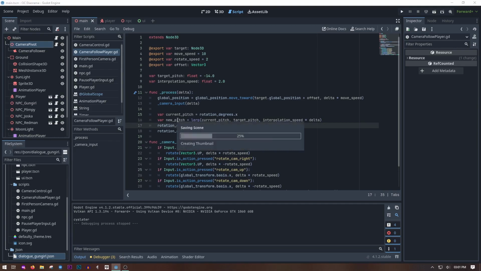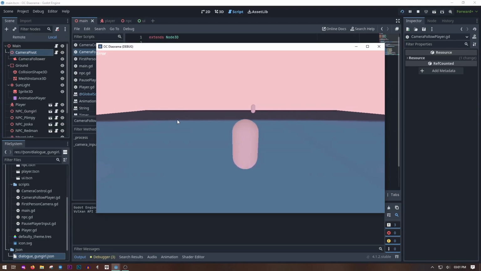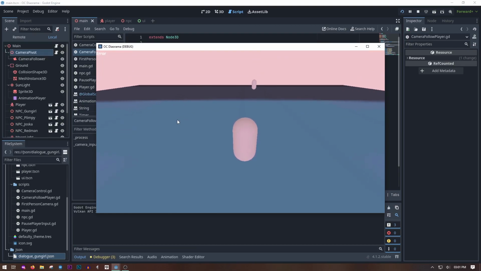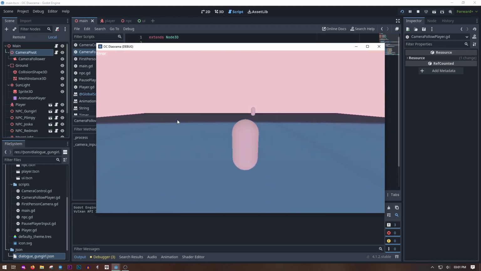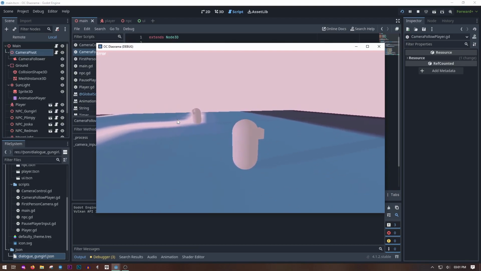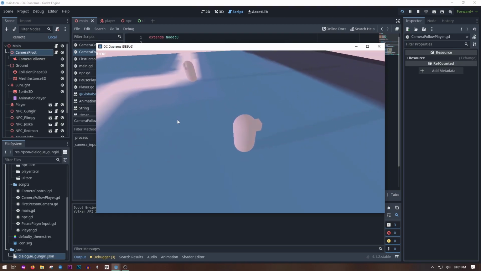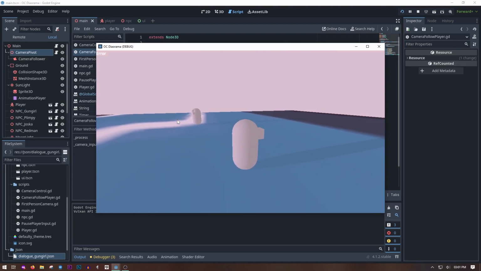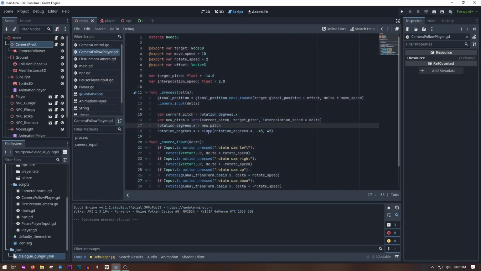It means that every frame, it will slowly move its way towards the desired angle in a smooth, linear, interpolated way. So as you can see, if I move it as far as I can, it moves fast and then slower and slower and slower until it is finally stopped at the exact pitch that it wants to be. So that's how that works. That's what interpolation is. Thank you for listening.